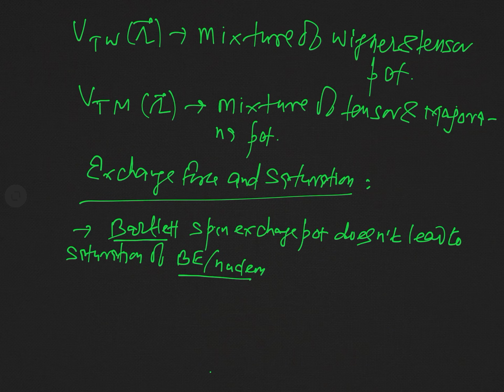If we consider the Bartlett spin exchange potential only, then binding energy per nucleon should increase with increase in mass number. For nuclei with larger mass number, binding energy per nucleon should be larger, and for smaller it should be smaller.